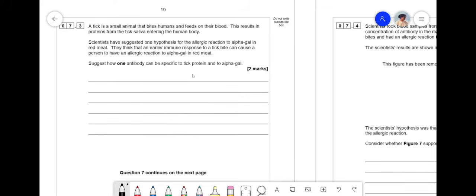So we need to just write this down in a way that the mark scheme would want you to say.